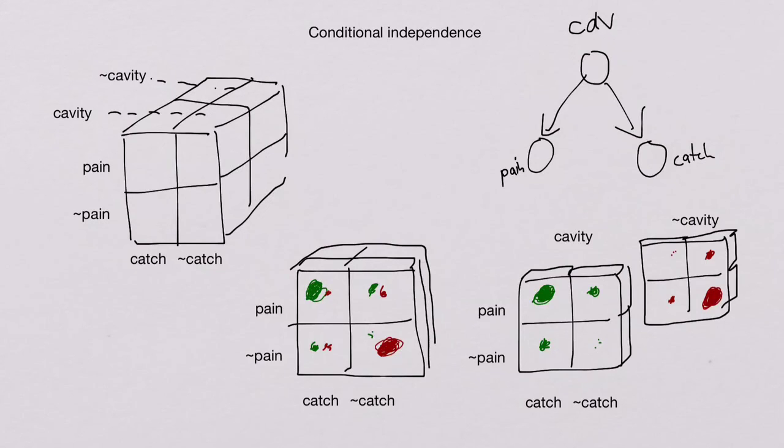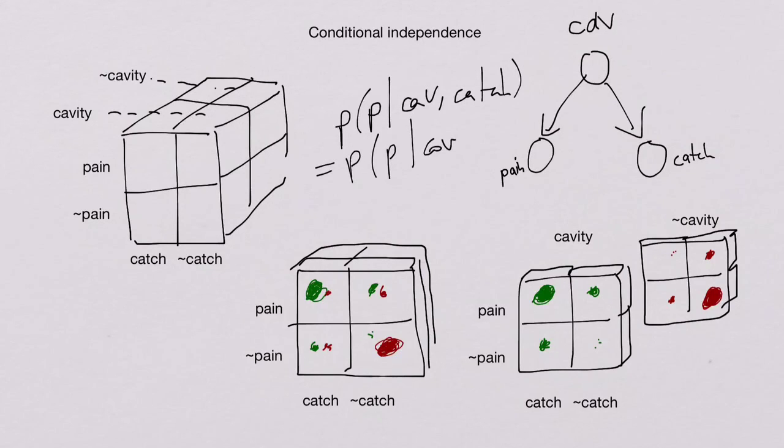And again, if you want to formalize this, we can say that the probability of being in pain given the cavity and the catch is equal to the probability of being in pain just given the cavity.